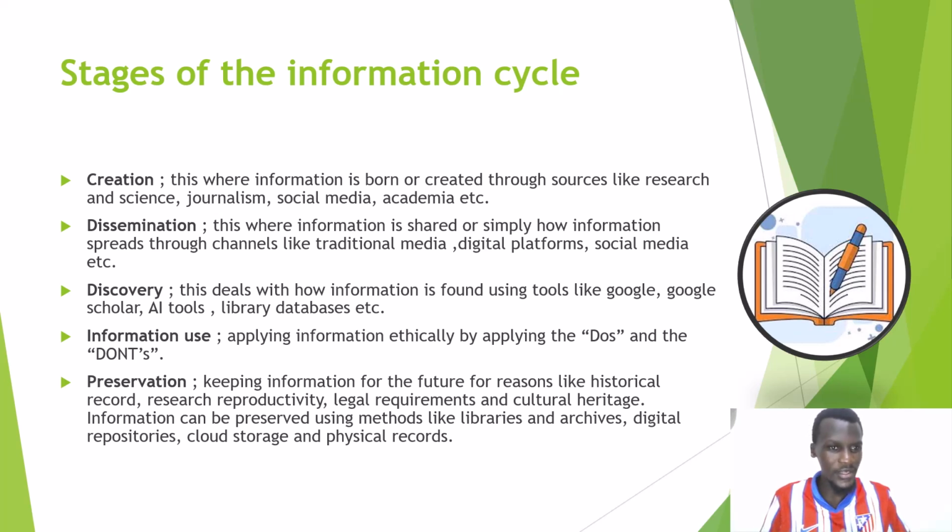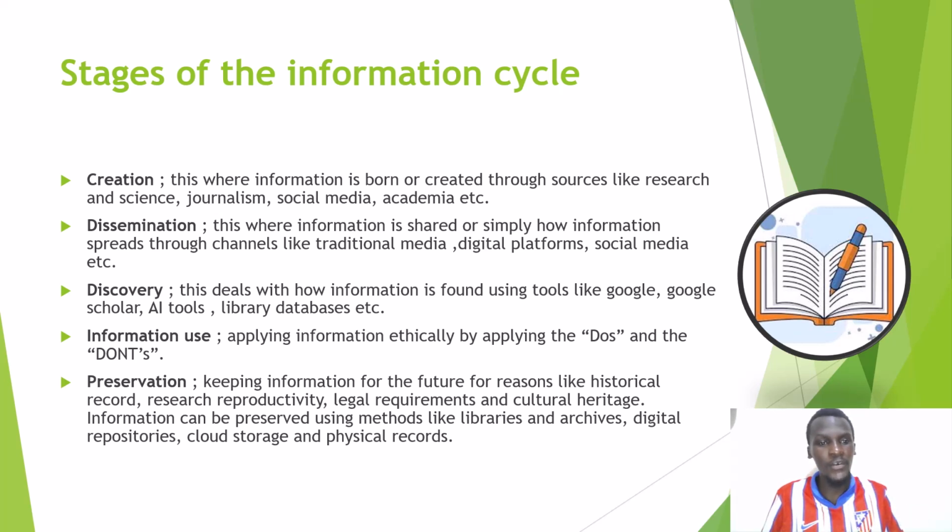Then there's dissemination, where information is shared or spread through channels like traditional media, digital platforms, and social media. Now there's discovery. This deals with how information is found using tools like Google Scholar, AI tools, and other options. Whatever you use to get the information, that's discovery.